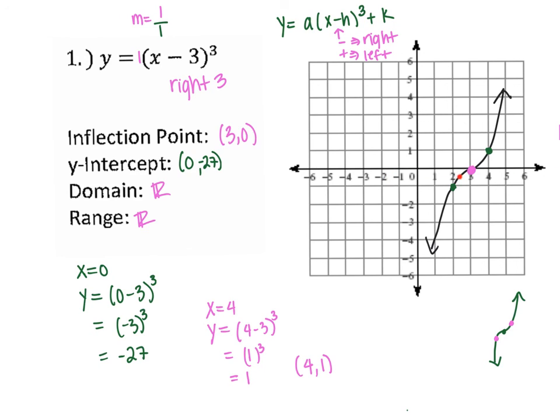So if you can see that this cubic function never stops pointing to the left and never stops pointing to the right. So in this case, we're going from negative infinity to positive infinity, so all real numbers. It also is always pointing down and up. So for the range, we're going from negative infinity. So y is going from negative infinity to positive infinity. So it's all real numbers again. And that's basically it.